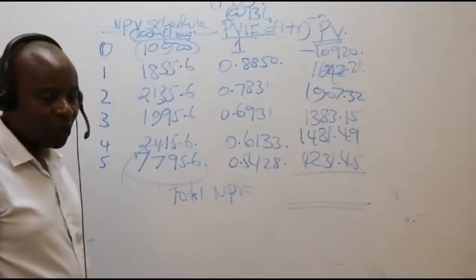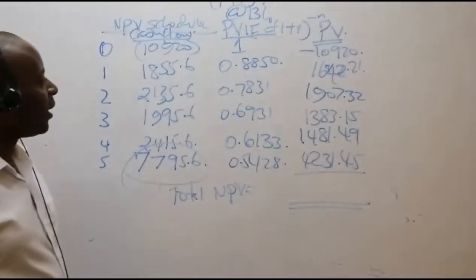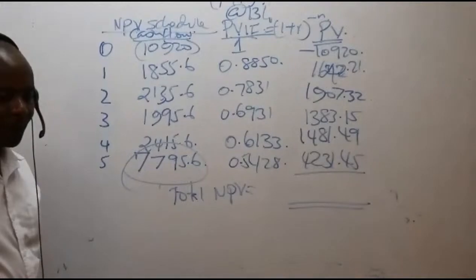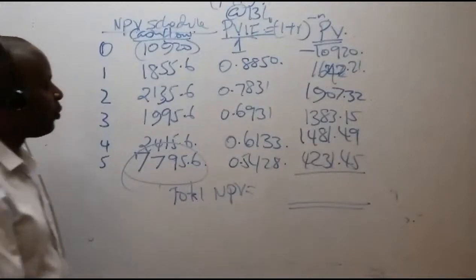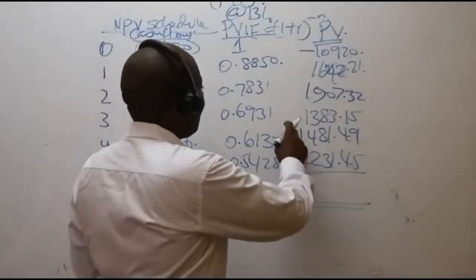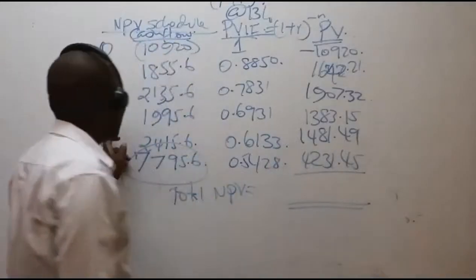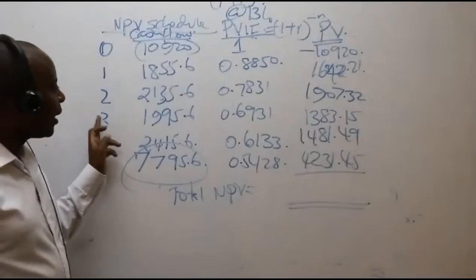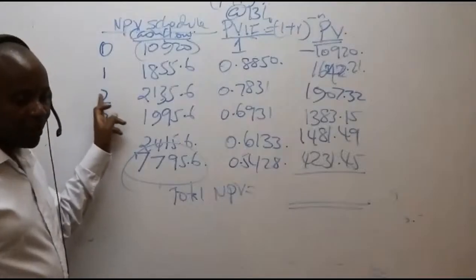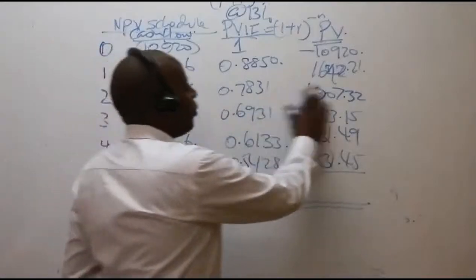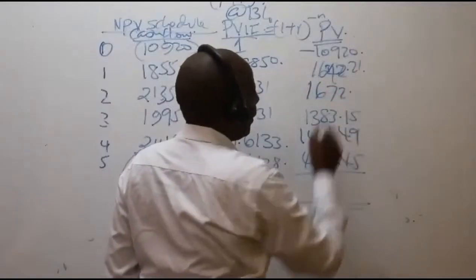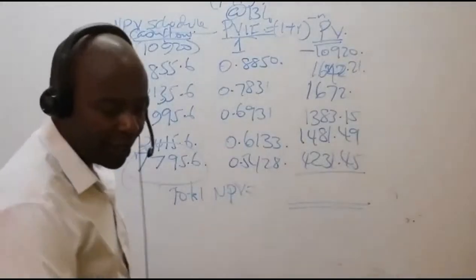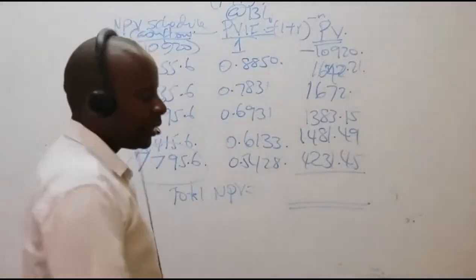The third figure is supposed to be 1670. Now, the third figure, are we talking of the third year or second year? Year 2 is supposed to be 1672.39. Thank you very much.